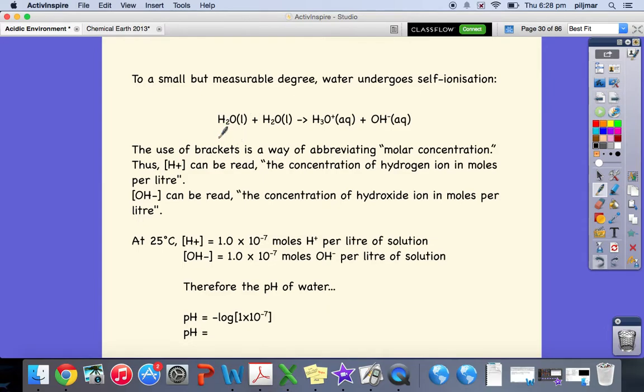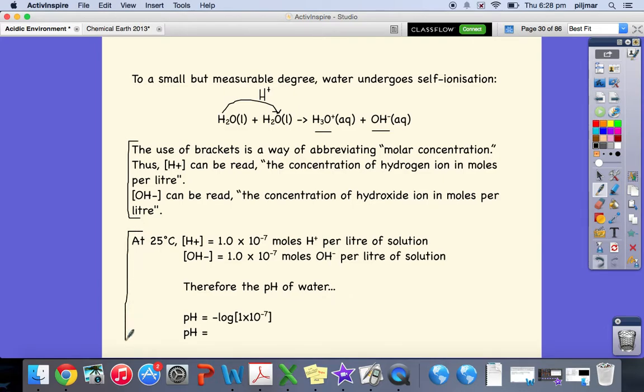Every once in a while, to a small but measurable degree, one water molecule that has bumped into another water molecule will release a hydrogen ion, out of the two possible hydrogens that it's got. This will form a hydronium ion and a hydroxide ion. I'm going to skip all of this. You can read this yourself, just talking about the square brackets and why we use them again.